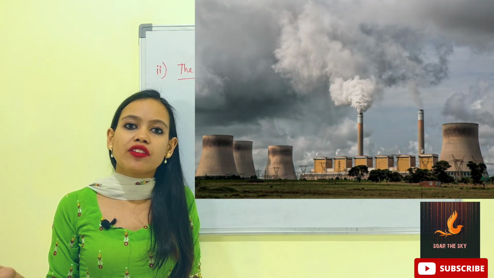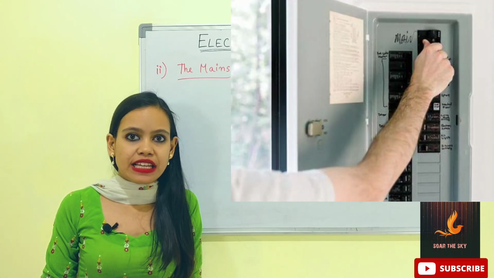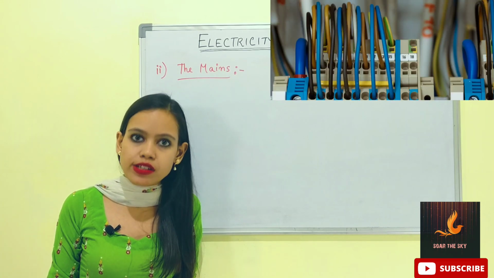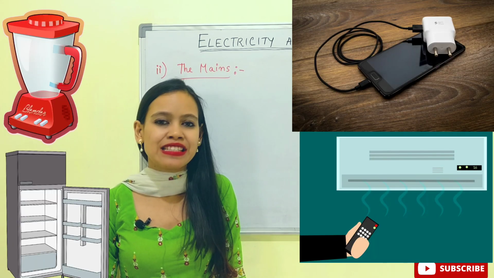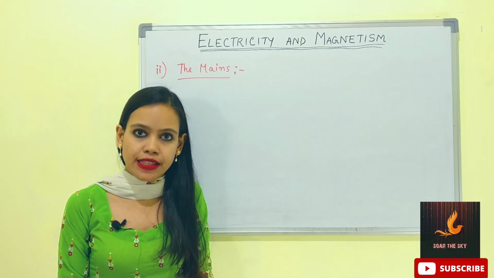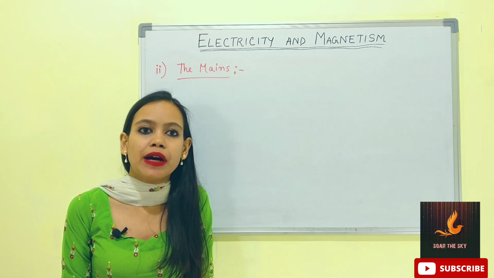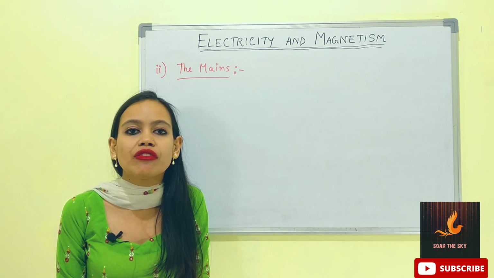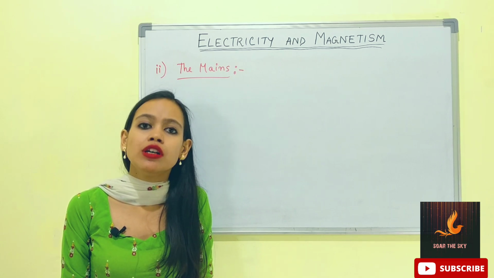The electricity generated there comes to the main, and from there we take that electricity via wires and connect it to our electrical appliances like fans, lights, television, fridge, etc. and run them. So what are mains? Mains are the carriers of electric current from the power station to our home.